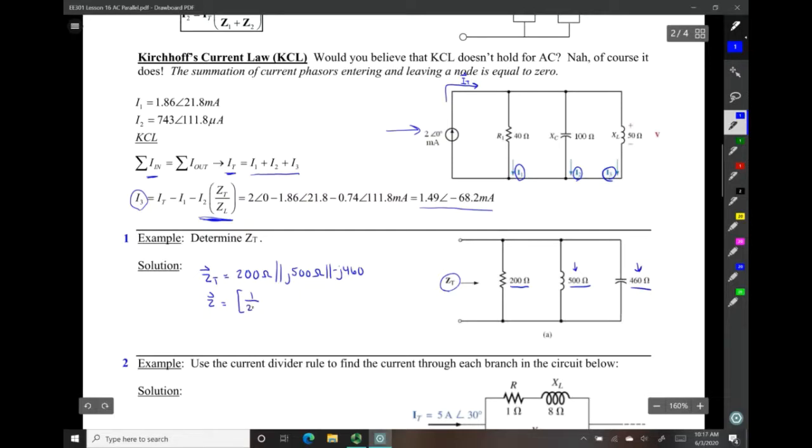So 1 over 200 plus 1 over j500 plus 1 over minus j460. And we take that whole quantity and raise it to the negative first power. Plug that into our calculator, and we'll get 200 ohms angle minus 2 degrees.